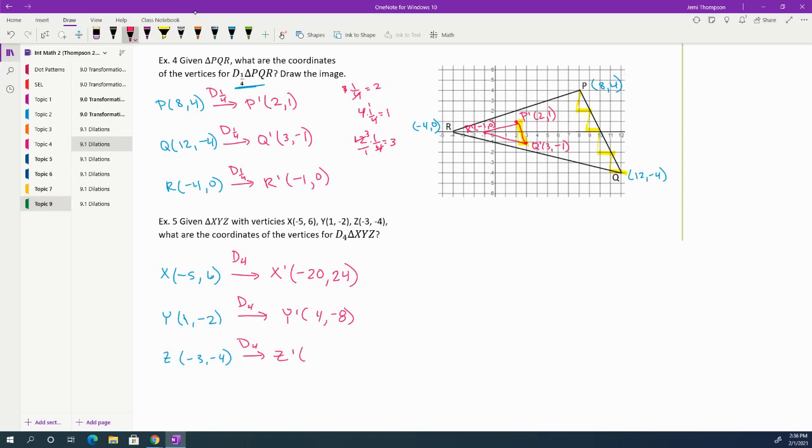And then -3 times 4 is -12. -4 times 4 is -16. So the problem here just asks what are the coordinates of the vertices of a dilation of triangle XYZ. So those are my new points.